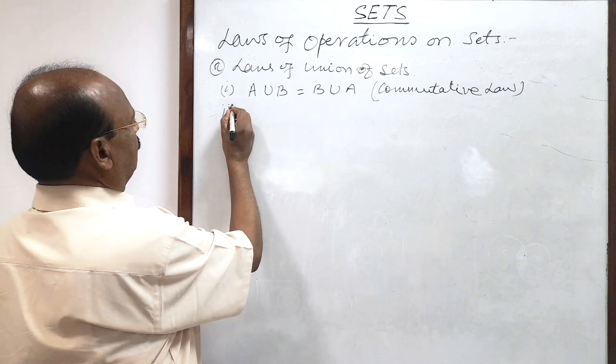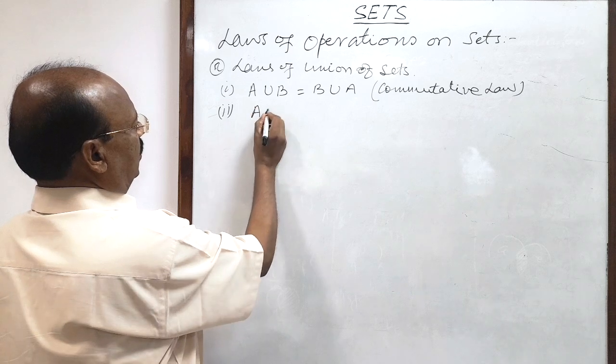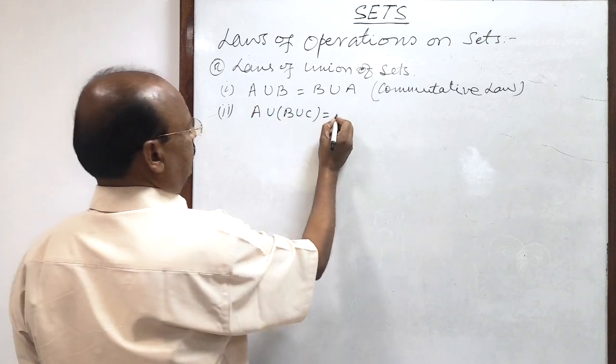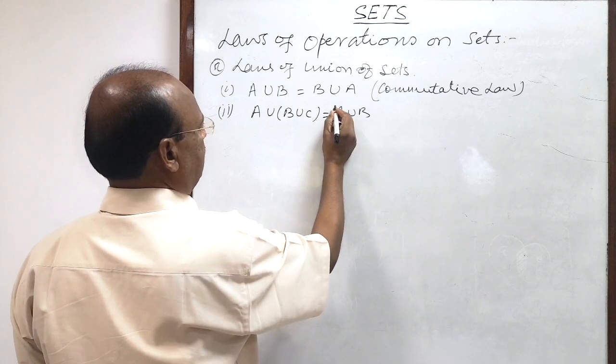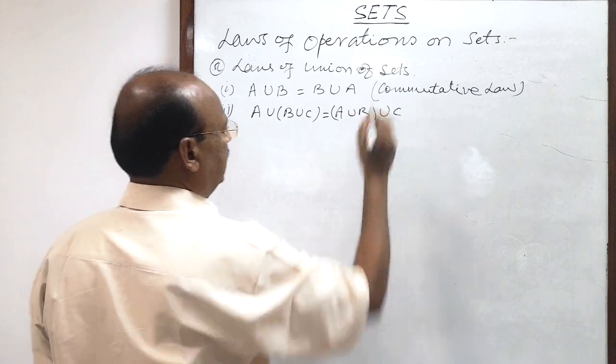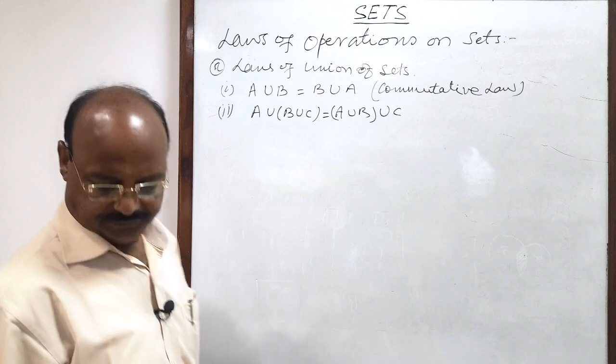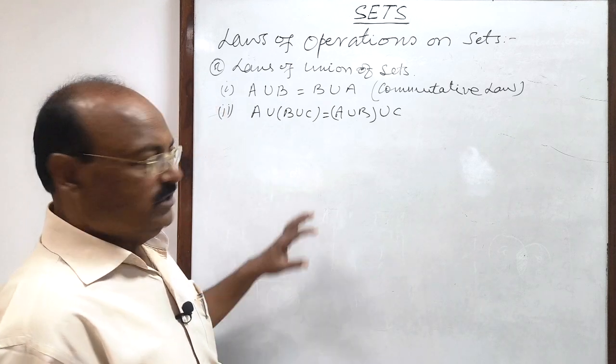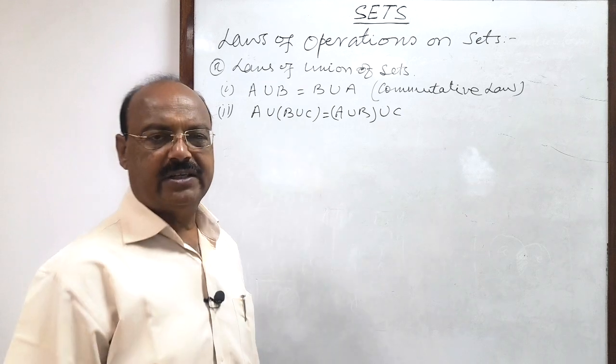Second, associative law: A union (B union C) is equal to (A union B) union C. What is the difference between the left hand side and right hand side?